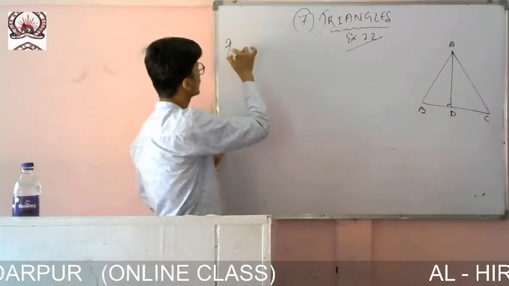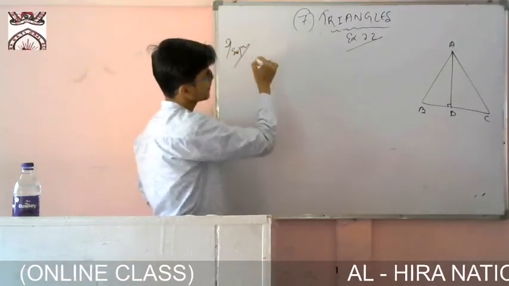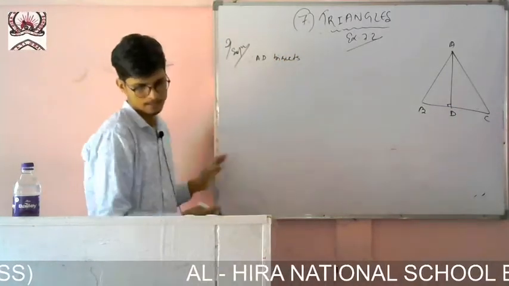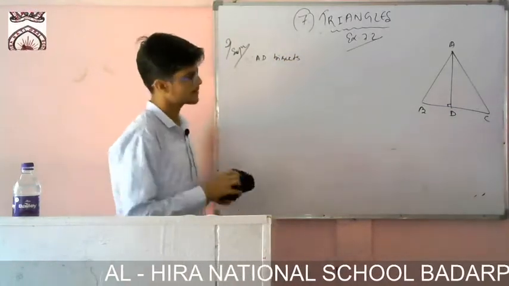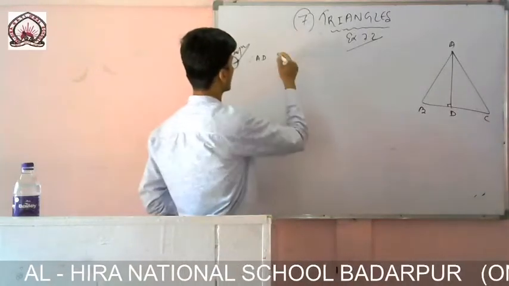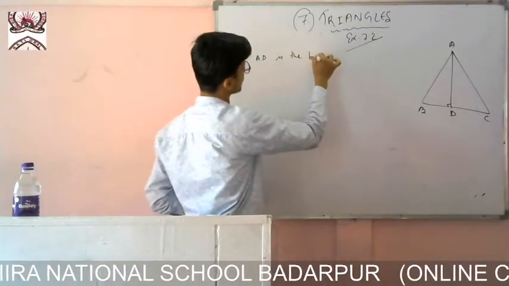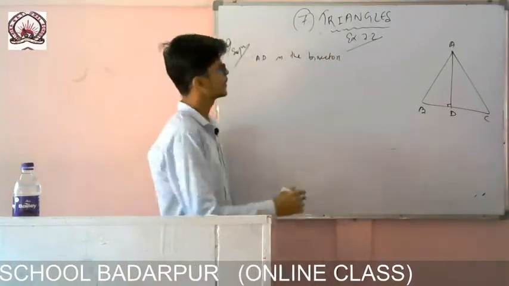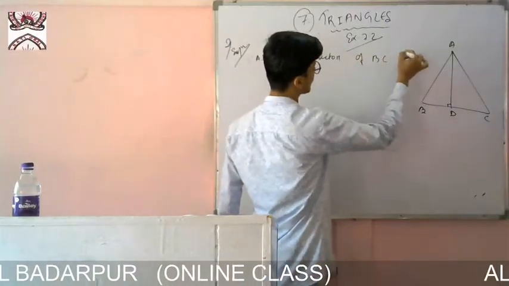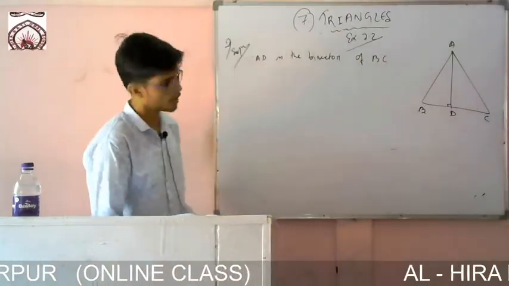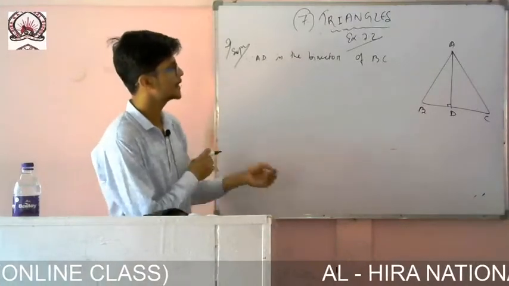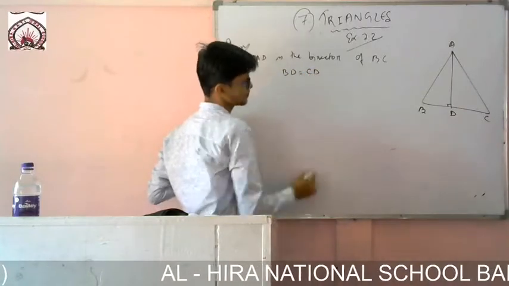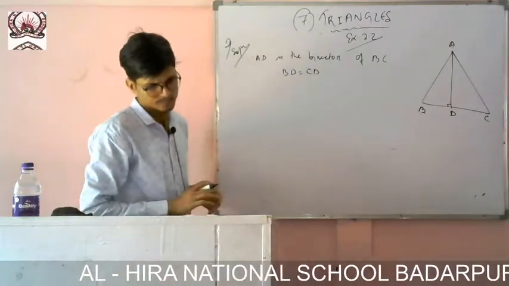Question number 2, solution. Since AD is the bisector of BC, I can write BD will be equal to CD, or DC, same thing.